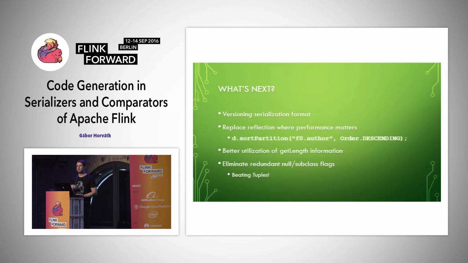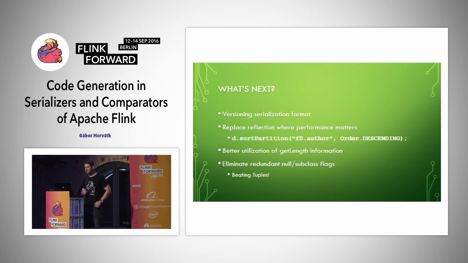And we could do better to guess what would be the size of the serialized object, because right now most of the getLength methods of the serializers are very dumb. There is very little code in Flink that uses this information, because most of the serializers don't really do much to guess this.